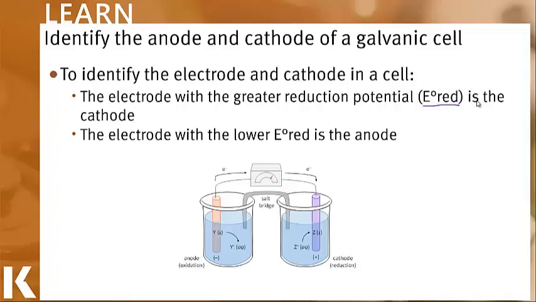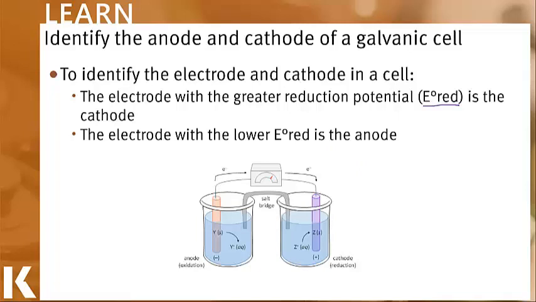When we look at the charts of reduction potentials, the most positive of the reduction potentials will always be the cathode. The most positive reduction potential means it is the most likely to be reduced. And then the electrode with the lower or least positive reduction potential is going to be the anode.